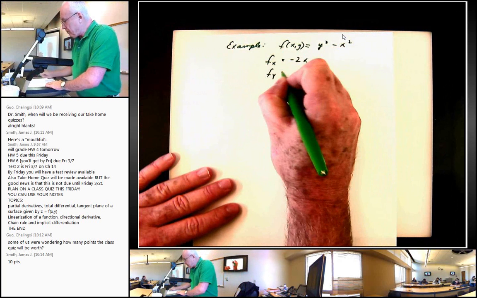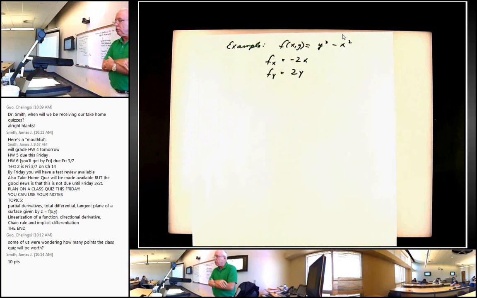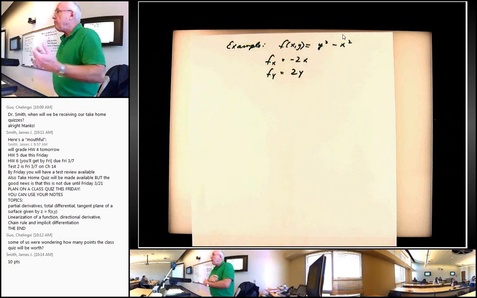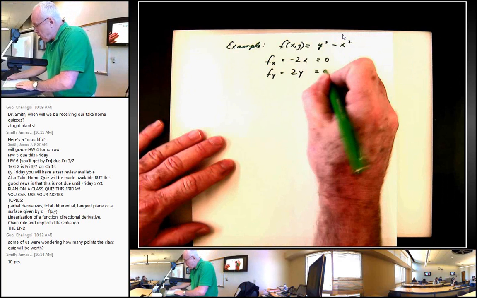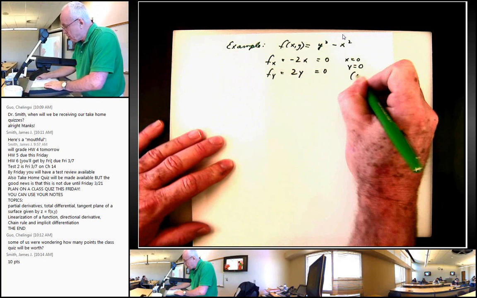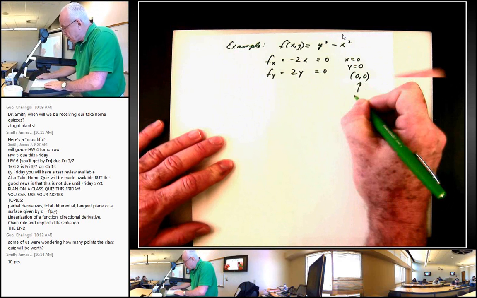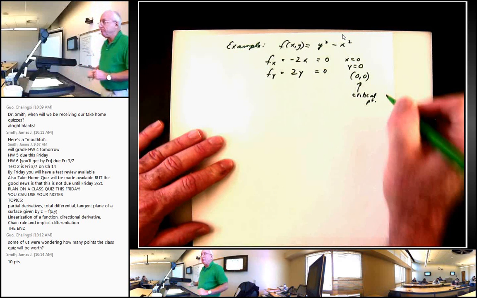And let's find fy. x is treated as a constant, so fy is equal to 2y. And where do these equal 0? Well, it's where x equals 0 and y equals 0. So for this function, (0,0) is a critical point.